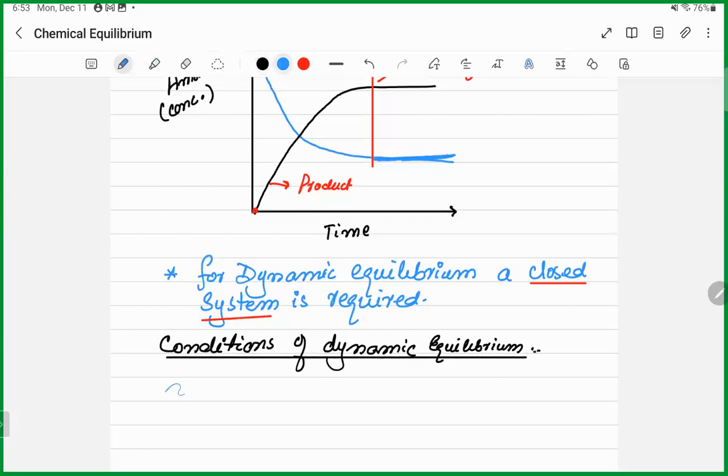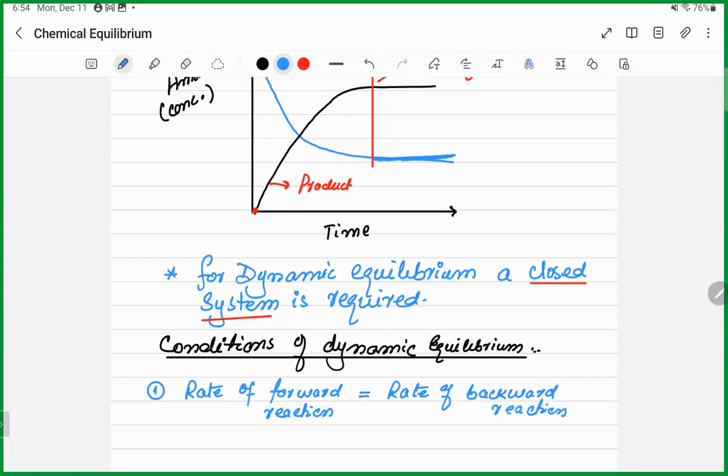Okay, number one, rate of forward reaction is equal to the rate of backward reaction. ठीक है बेटा, this is the first condition.